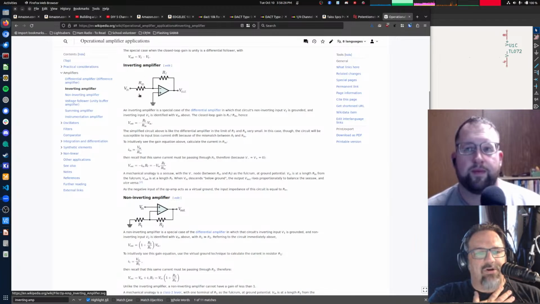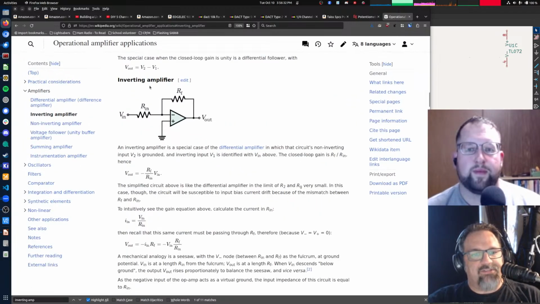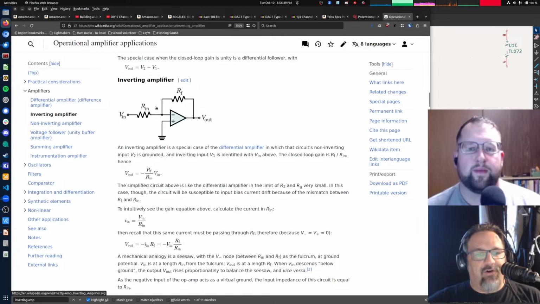This is a mode that you can use op amps in. There are several different ways you can wire up an op amplifier. Without going into the details of how an op amp works, I will summarize and say that the op amp's job is to change the output to make the two input terminals match.